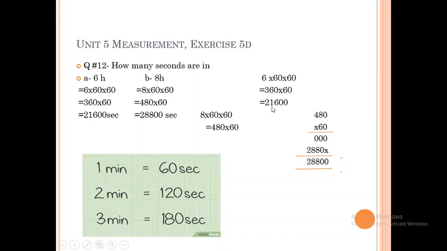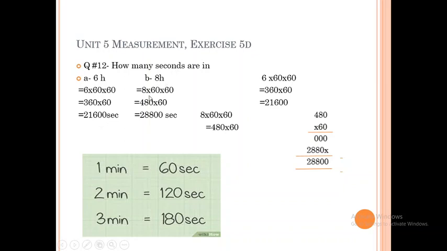So 21,600 are the seconds that you will get from 6 hours. When you convert 6 hours into seconds, these are 21,600 seconds.